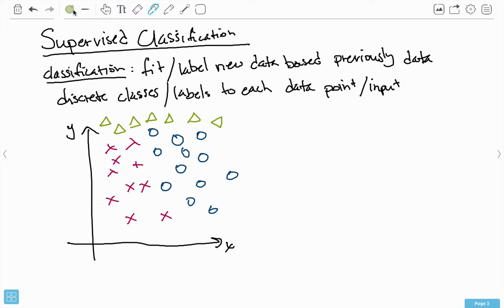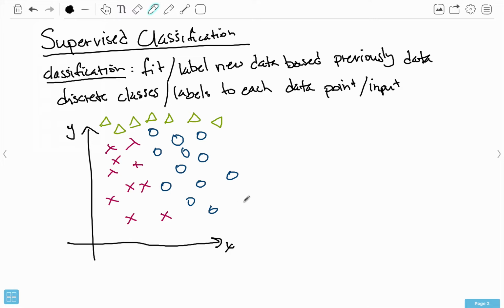So there are three classes, and all these points are labeled. The problem with classification is, if I receive some new point, what label would I assign to it? A red X, a blue circle, or a green triangle?